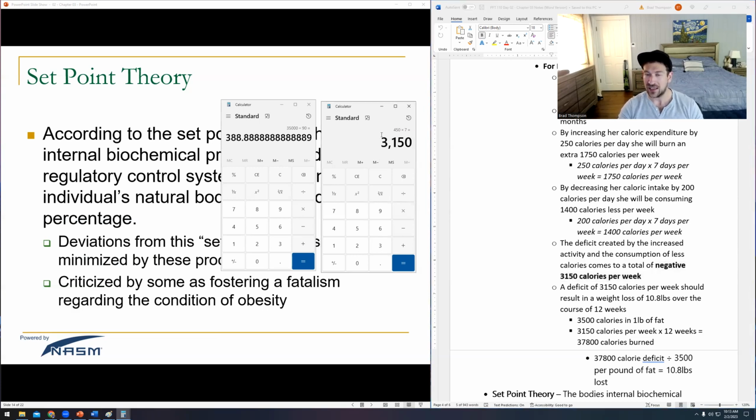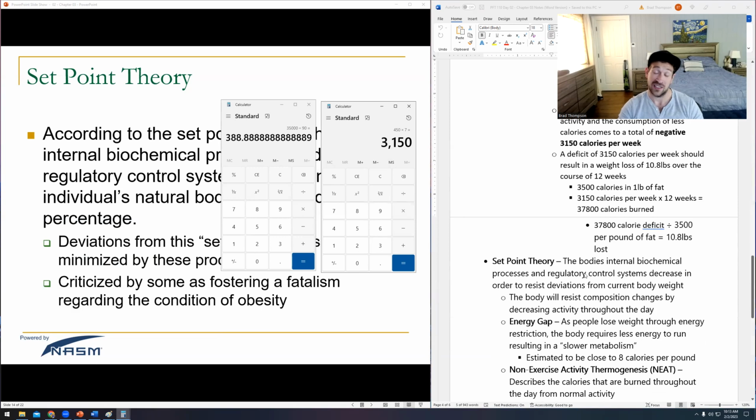So that's not necessarily a full pound lost every week, but she doesn't need to lose a pound a week. She's trying to do this in 3 months, right? So a deficit of 3,150 per week should result in a weight loss of about 10.8 pounds in the next 12 weeks. How do we know that?